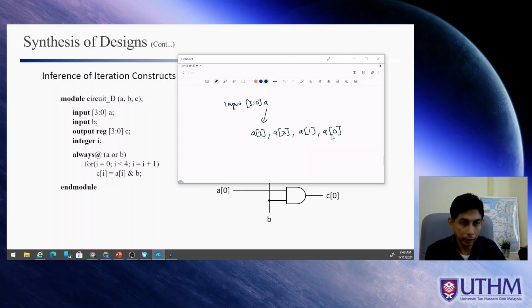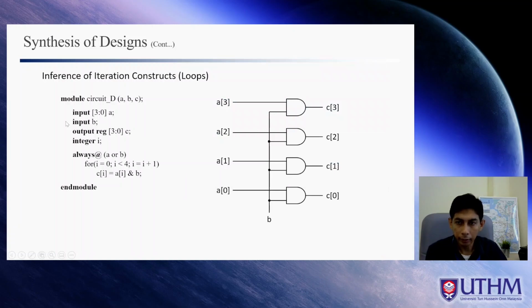A3, A2, A1, A0. That is the meaning of this. And input B means that B is only 1 bit. Output, and this is a reg as well, because we want to assign something to this C, and C must be declared as reg as well. And C is also 4 bits, yeah, [3:0], 4 bits.